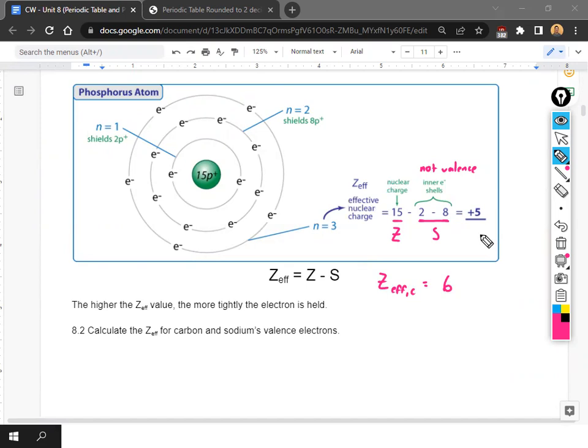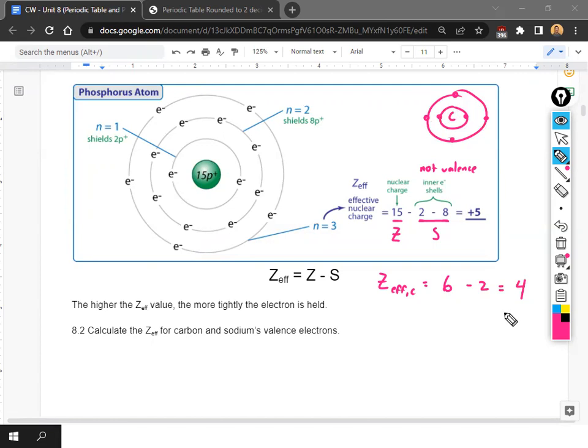So how many inner electrons do we have? 2. Okay, because if we draw the shell model, carbon will have 2 electrons in the first shell, 4 on the outside shell. And so each one of those valence electrons will be shielded by those 2 inner electrons. So each of them is going to have a Zeff of 4.